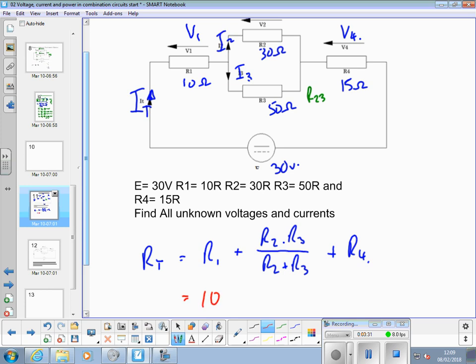That's 10 plus 30 times 50 over 80 plus 15 equals. We'll go with 43.8 then, to three significant figures.